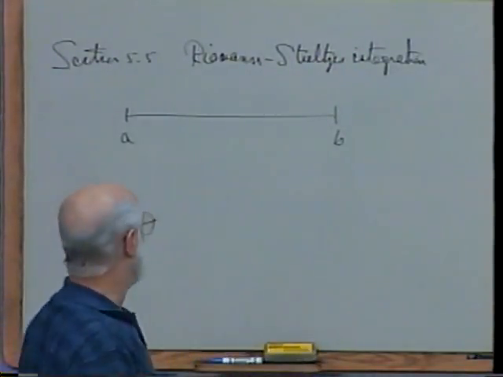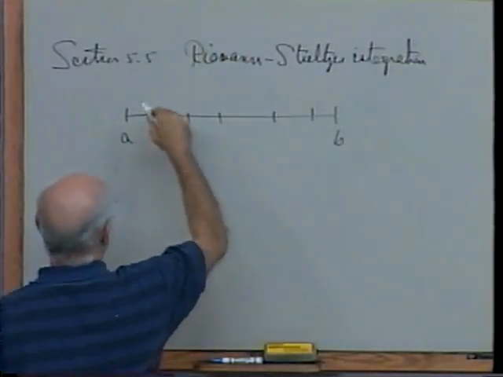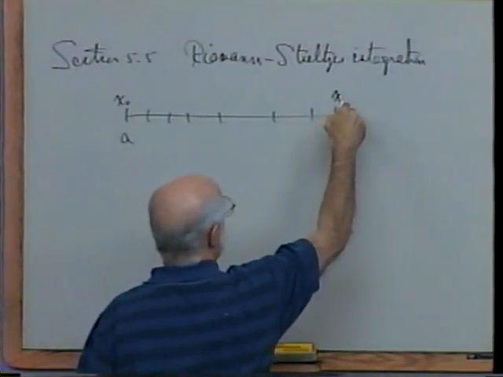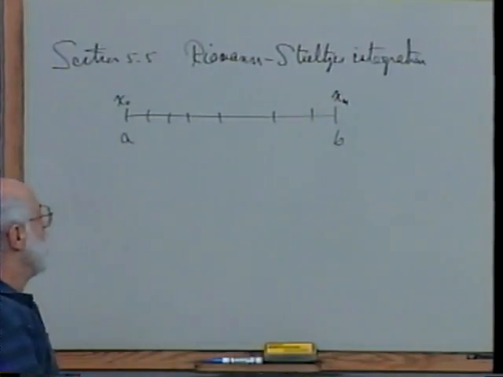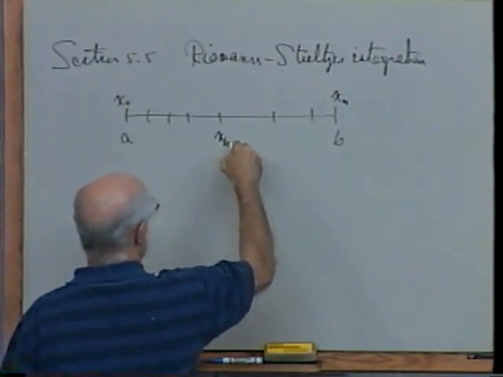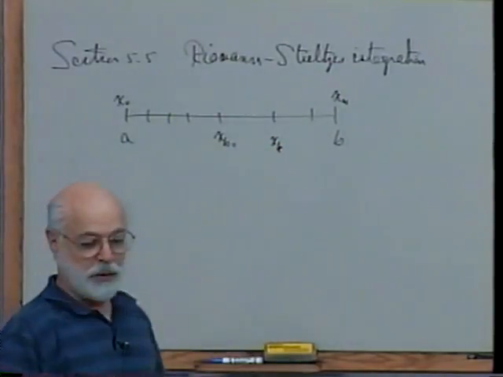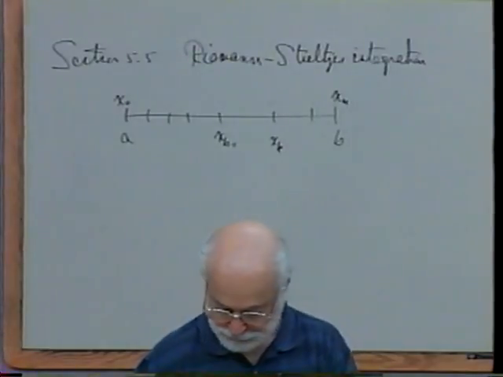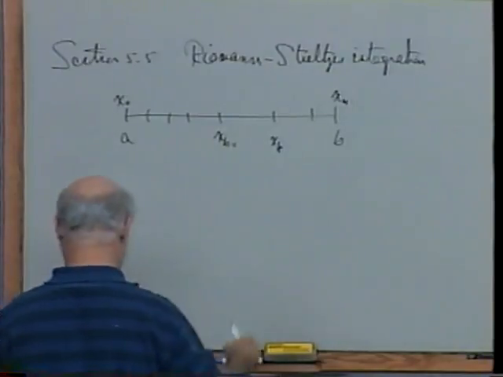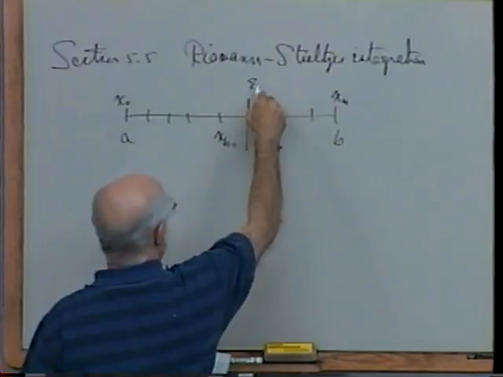And so I'll call these points here x0 is A, and x sub n is B. And someplace in the middle here, I've got x sub k minus 1 and x sub k, and in the middle of that, I've got some point zeta k.